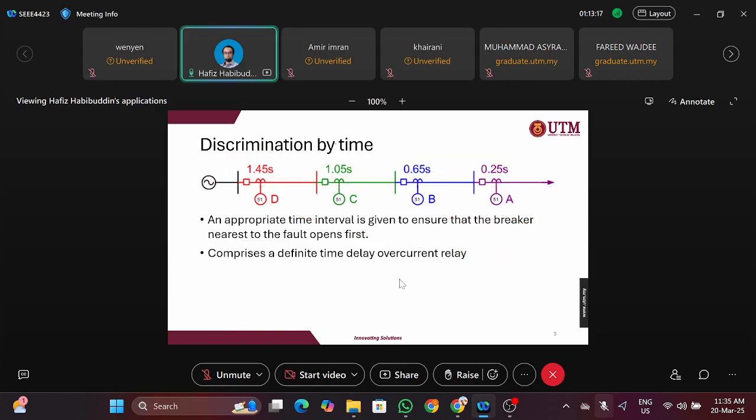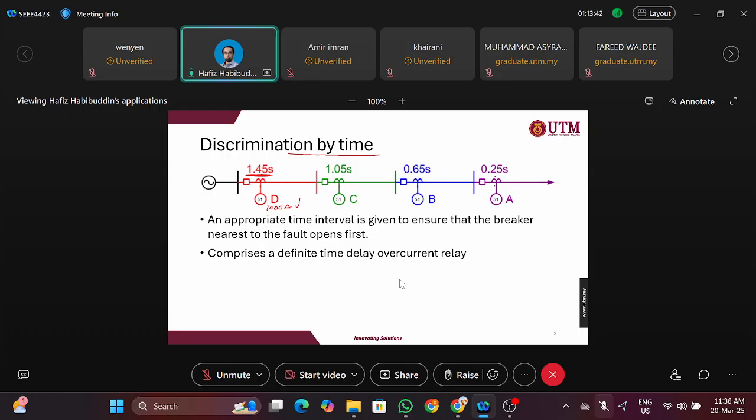This is what is called discrimination by time, where you put a delay on each relay. The relay that is closer to the source will have a longer operating time. It detects the fault of 1000 amp, but it takes 1.45 seconds to react.